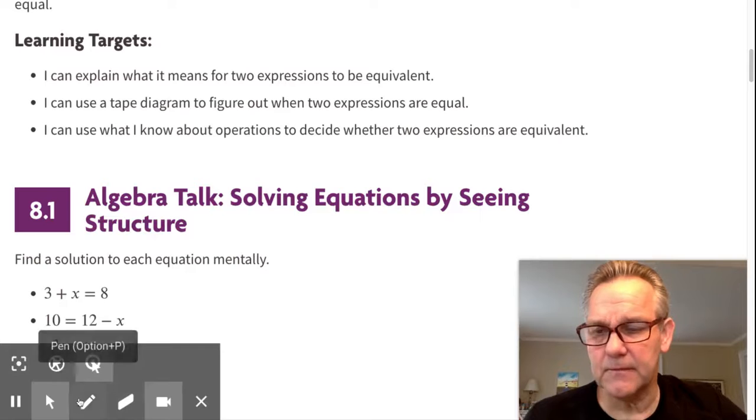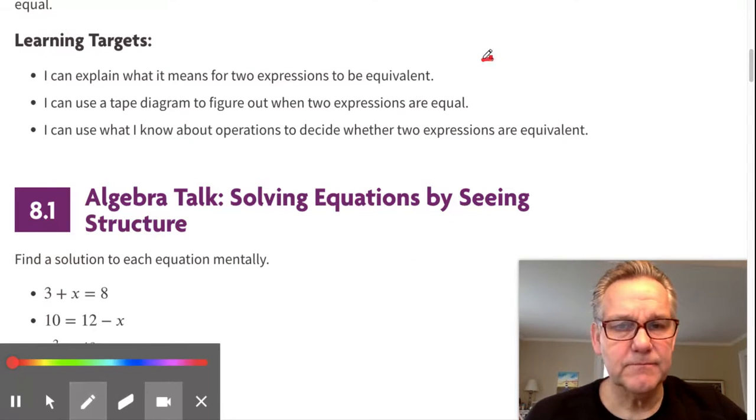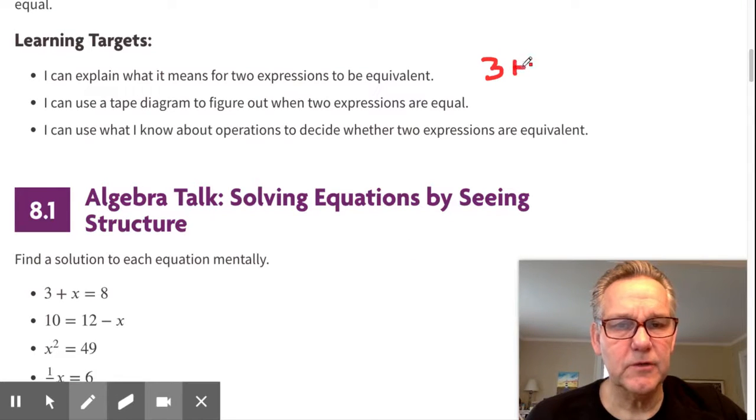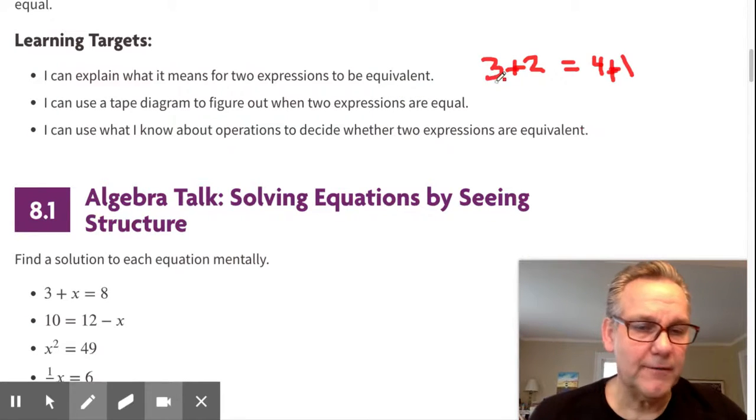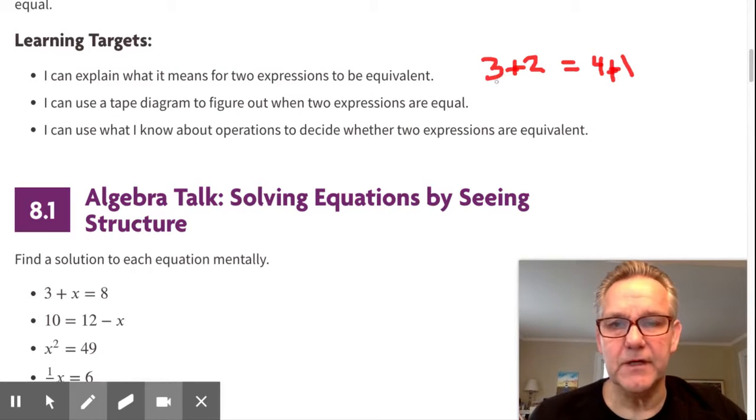Notice this. If we have an expression, 3 plus 2, on one side, we know that that is equal to 4 plus 1. So that's an example of two expressions that are equivalent. And there are obviously an infinite amount of those that we could come up with.